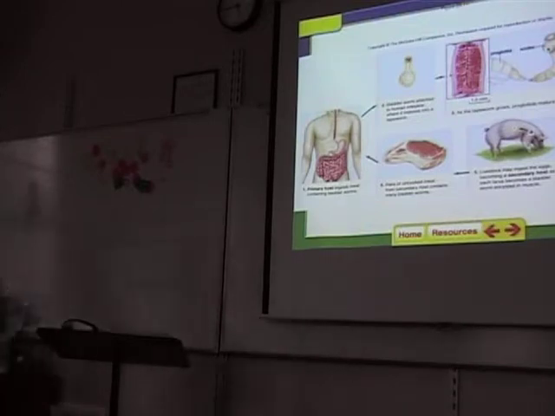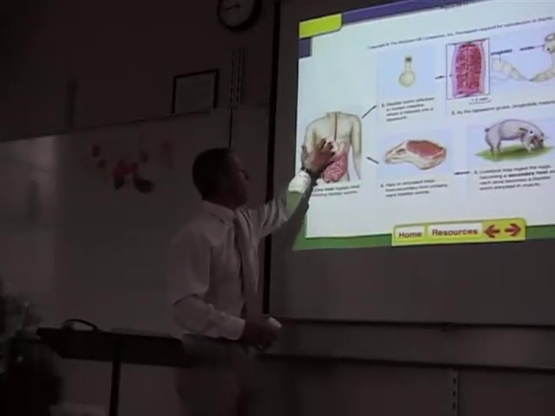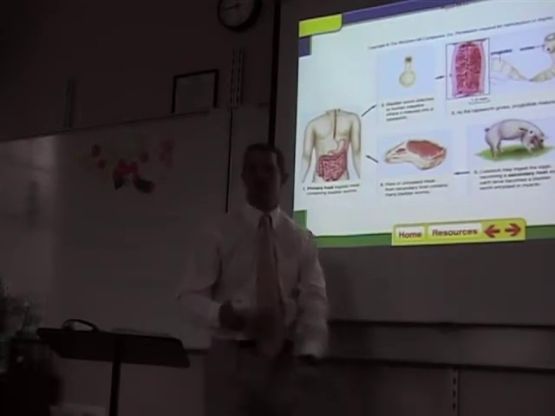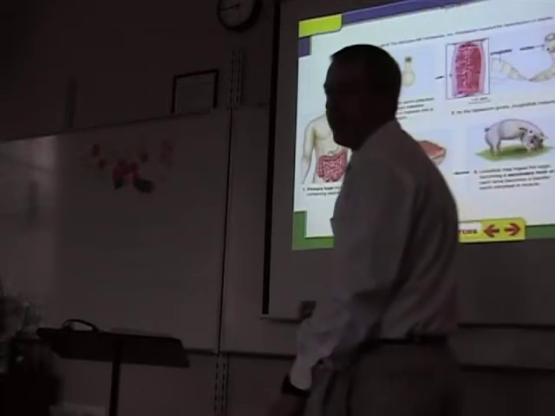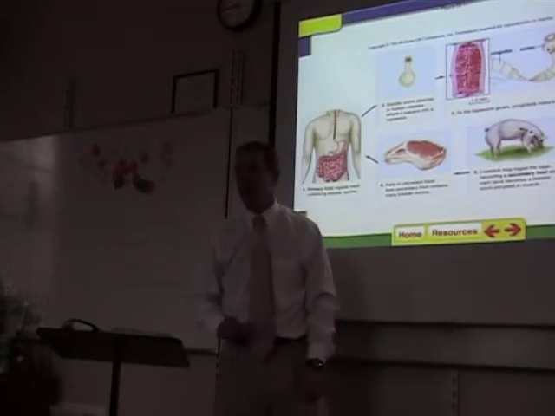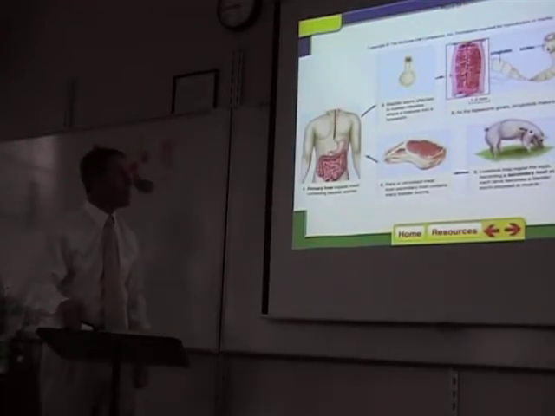I've never seen it. Maybe they do. But it doesn't have to be a human that gets it. A dog can get it. Horses. All animals will be exposed to tapeworms. This is another flatworm right here. That's a free living flatworm, so it gets its own food. It's not a parasite.